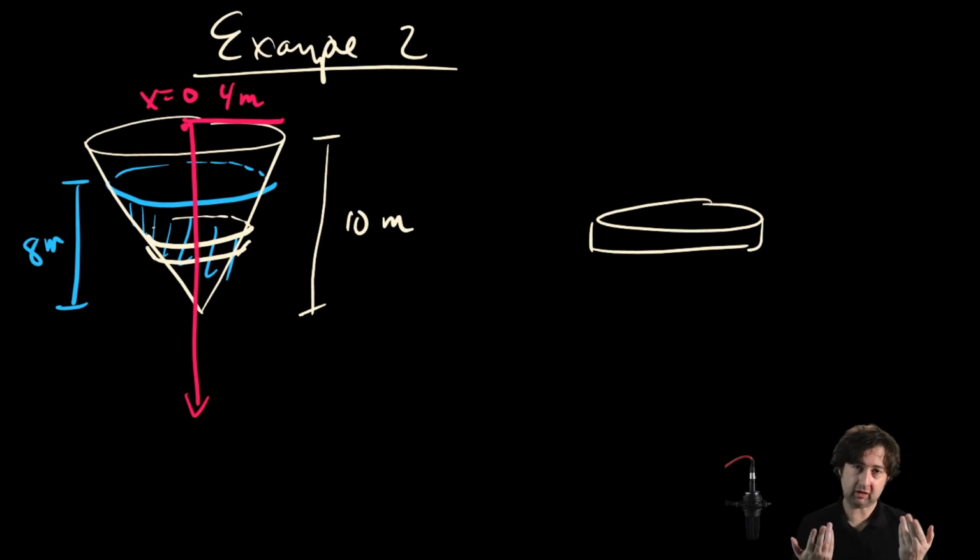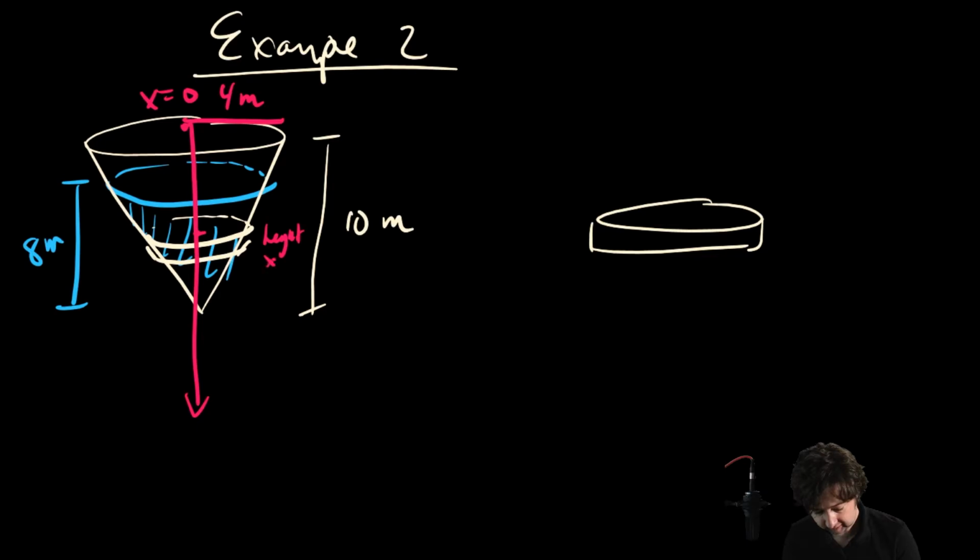We're going to take this slab of water and lift it up out of the tank. Where is that slab located? It's located at position x. So how far is that slab from the top of the tank? Well, it's x.